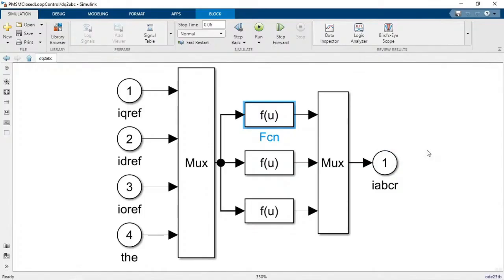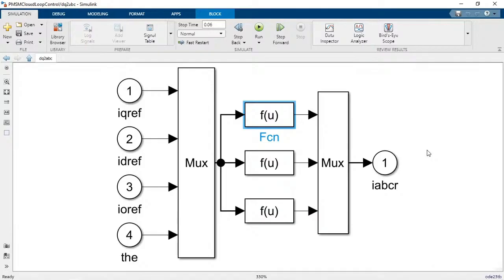How can we get the ABC values? Suppose you take VA, then VA equals VD into cos theta minus VQ into sin theta. Like that it will be there for the VA function. Similarly for VB, the same formula with theta minus 2 pi by 3, that is a 120 degree phase displacement for B phase.